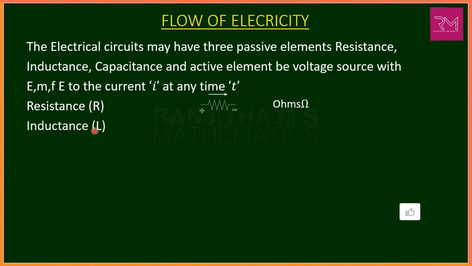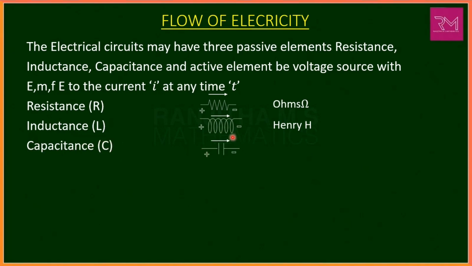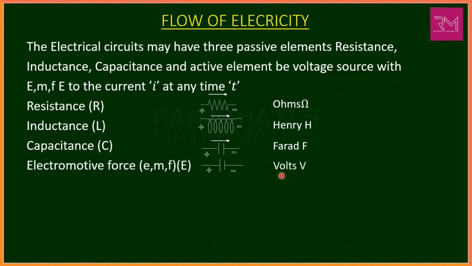Similarly, inductance is denoted by the letter L, the diagram of an inductance is like this, and its unit is Henry, H. In the same way, capacitance is denoted by the letter C, the diagram of a capacitance is like this, and its unit is Farad, F. Also, EMF, that is electromotive force, is denoted by the letter E, the diagram of an EMF is like this, and its unit is volts, V. Resistance is measured in ohms, inductance in Henry, capacitance in Farad, and electromotive force in volts.